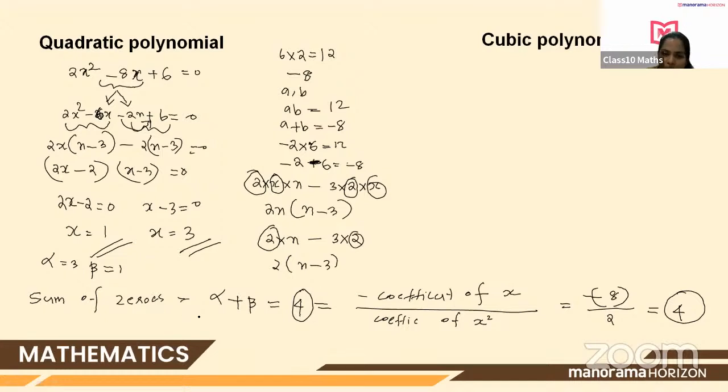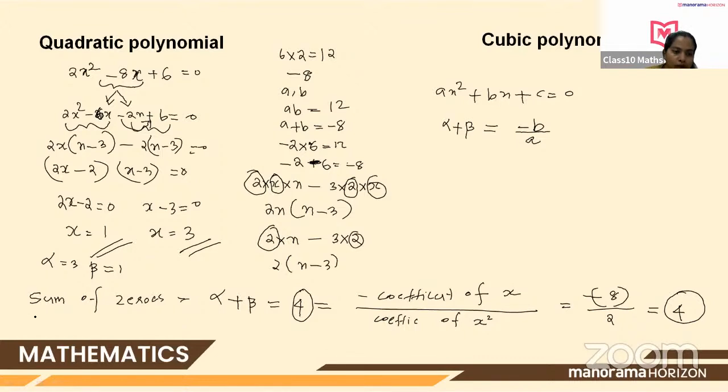That is sum of zeros alpha plus beta is equal to minus coefficient of x by coefficient of x square, that is minus b by a. If the equation is ax square plus bx plus c is equal to 0, then sum of zeros alpha plus beta is equal to minus b by a.